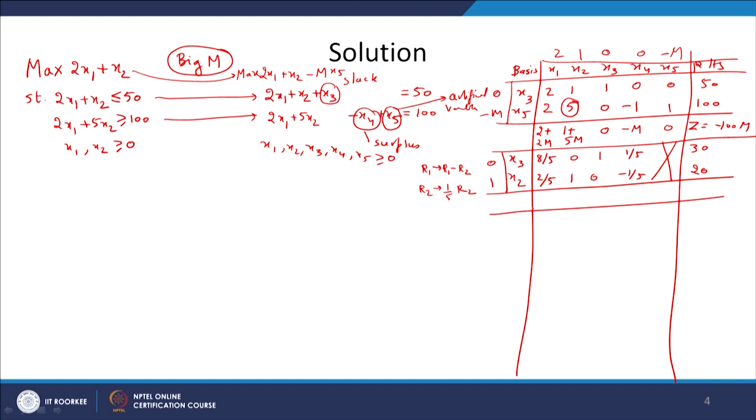Now, again we need to calculate the deviation entries. They are as follows: 8 upon 5, 0, 0, 1 upon 5 and the objective function value is 20. Now, we find that the new basis becomes x1 and x2.